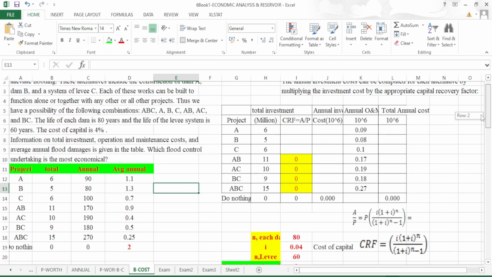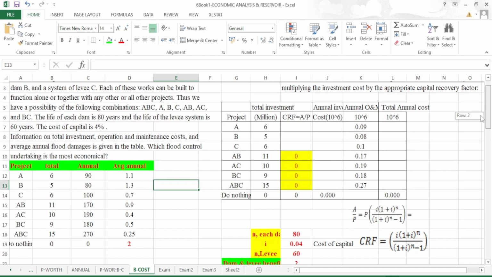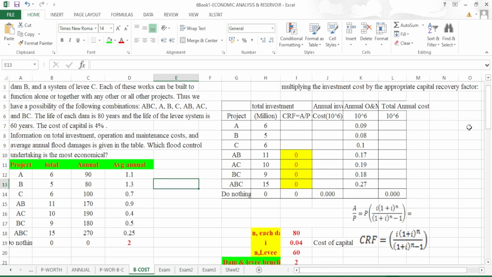Okay? Then, to select the best alternative among these projects, we have to estimate the capital recovery factor for each project.